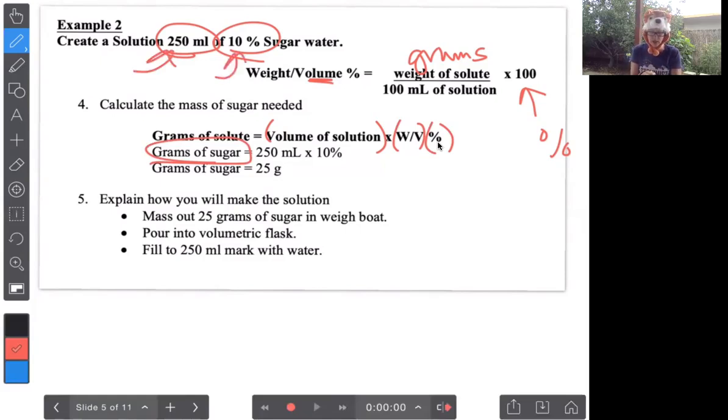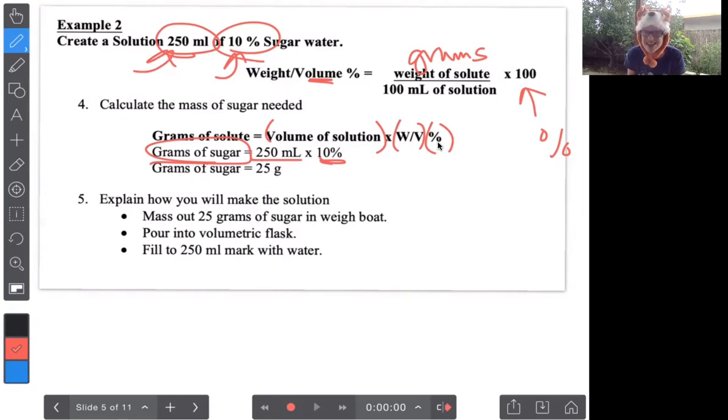Here's our volume, and then our weight per volume in percentage, so 10%. If we go 250 mils times 10%, that gives us 25.